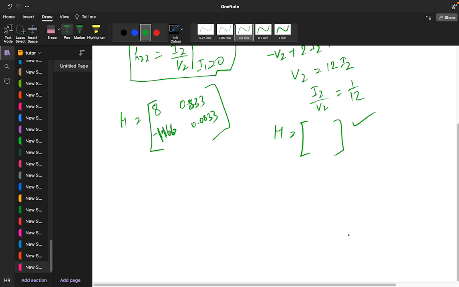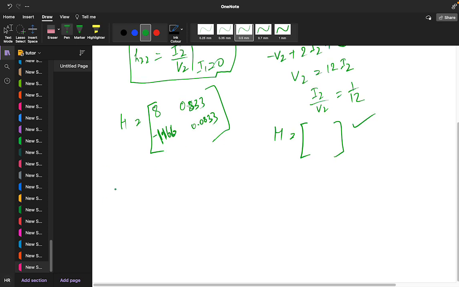Now if you know the value of H, you can find the value of G very easily, because G is nothing but H inverse. So what will be the value of G? We are just doing an inverse, so you need to find the inverse of this.